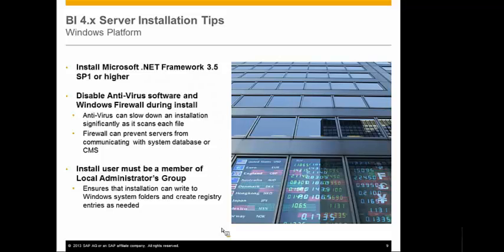The reason for that is because when you do the installation, the antivirus software is basically scanning the thousands of files we're writing to the system, and that substantially slows down the performance of the install. So save your headache and just turn that antivirus off for the duration of the install. Again, like I mentioned, you can enable it after the fact, after the installation is done.